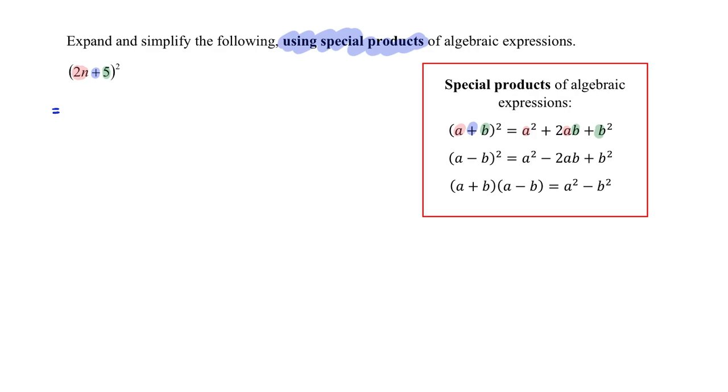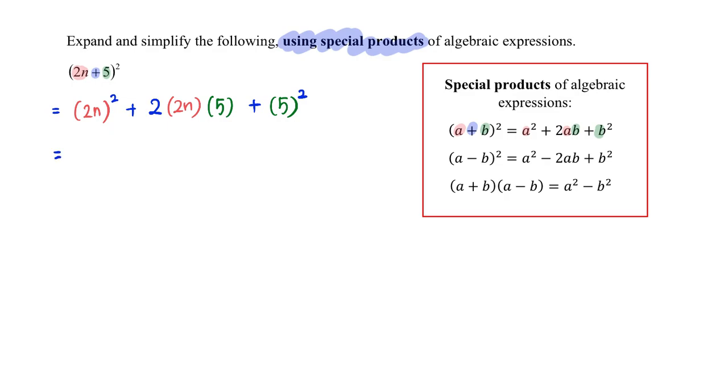So this one will be equals to my a square plus 2 times my a times my b and plus my b square.